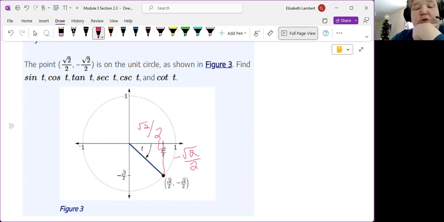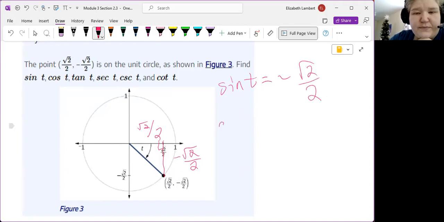So with our angle here, the opposite side is our sine, the adjacent side is our cosine. So sine of t is the negative square root of 2 over 2. Cosine of t is positive square root of 2 over 2.